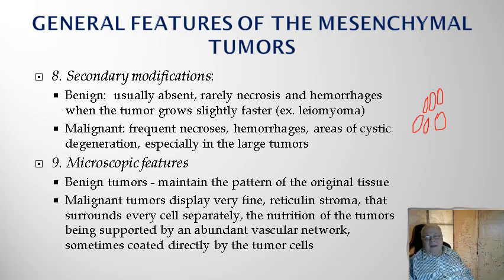And the nourishment is made not by vessels, but by circulation of the blood beneath these tumoral cells, like in a sponge. So we have very small spaces here, and the edges of these spaces are made directly by the tumoral cells and, in most situations, not by endothelia.